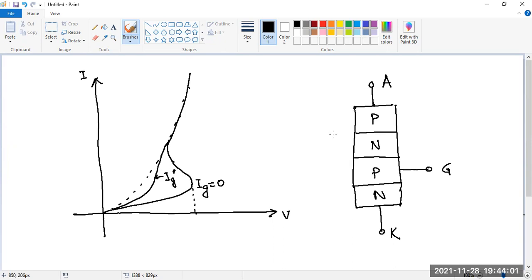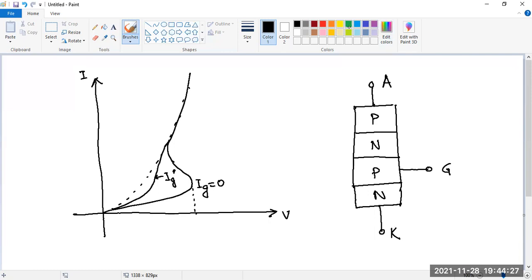Now you see here, if we look at the device, the four layers, what we can see: one PNP transistor, another NPN transistor, isn't it? You just look at the device carefully. So two devices we can find out from this structure.